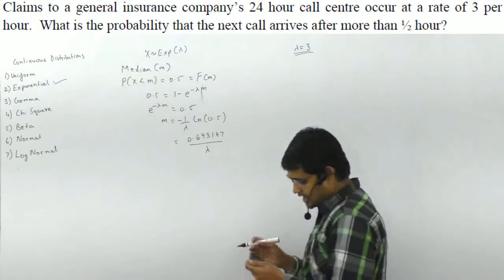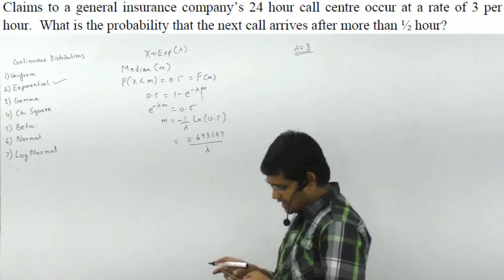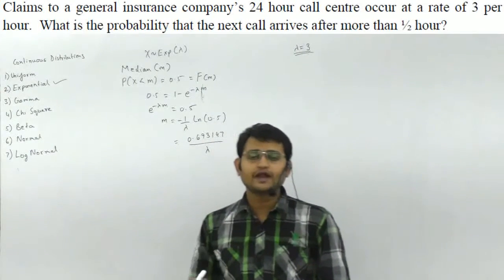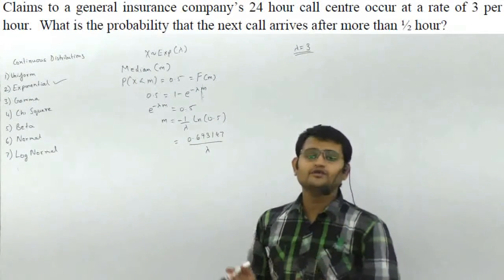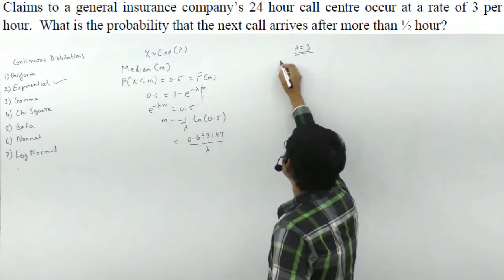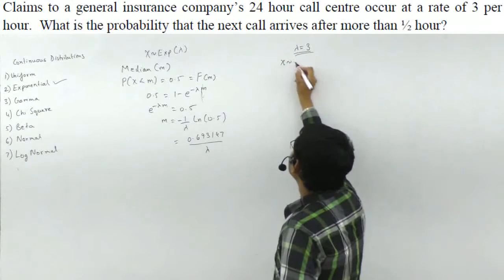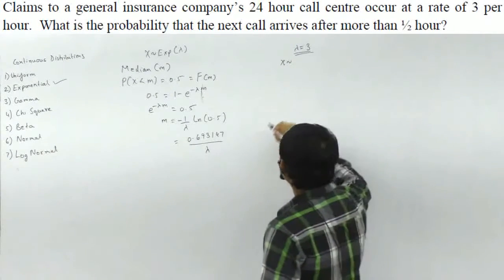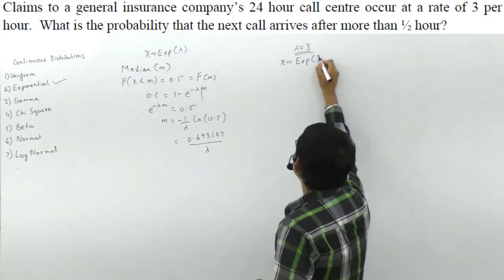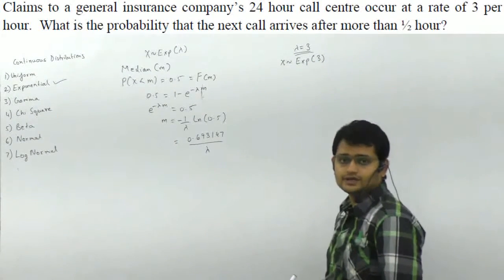Now they are saying the next call arrives after more than half an hour, so we are actually finding the time between 2 calls. Time is a continuous variable. So you can say our variable x, or you can use t for time, will follow exponential distribution with lambda equal to 3.